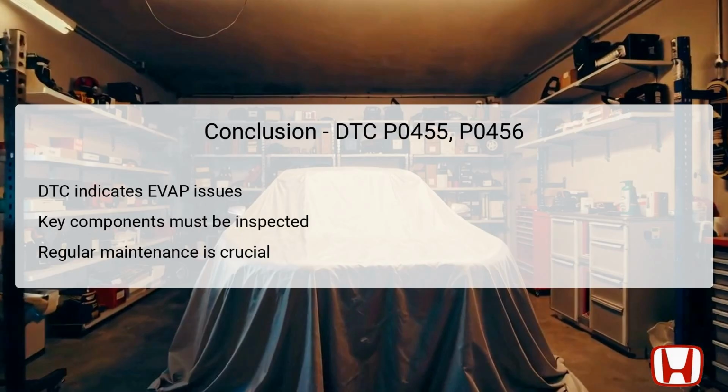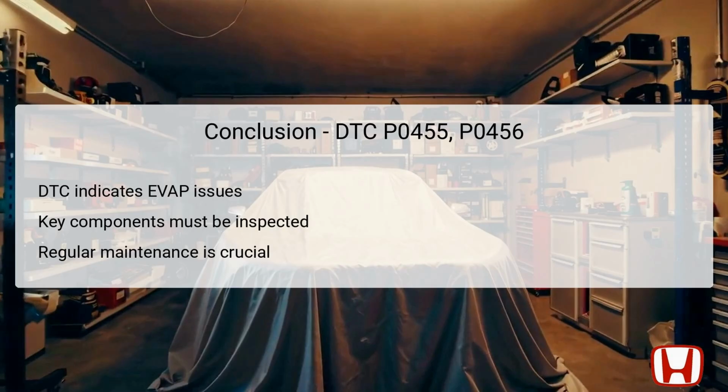In summary, DTC P0455 and P0456 serve as critical indicators of problems within the EVAP system of the Honda Civic 2022 and newer models. A comprehensive inspection of key components is essential for accurate diagnosis and resolution of these codes.